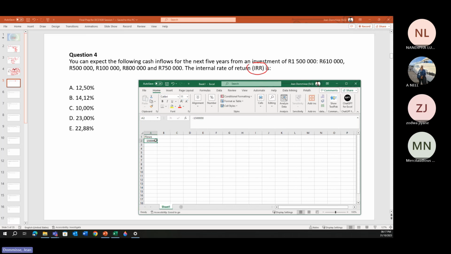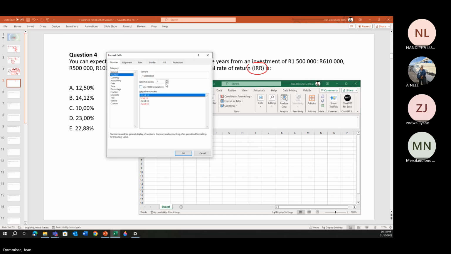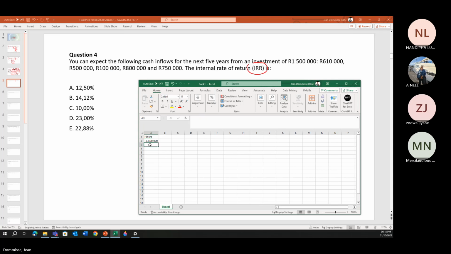I will make this bigger now as well so that we can see the numbers. Okay, 1,500 for all time. Then it was 610,000, 500,000, 100,000.